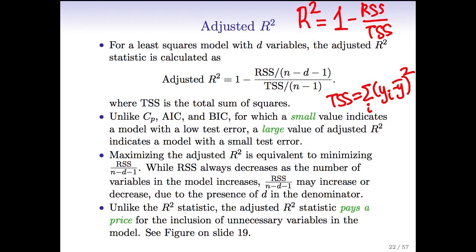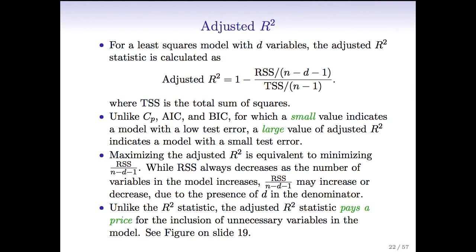Basically, when d is large, this denominator is really large, so you're dividing the RSS by a really big number, and you're going to end up with a smaller R squared. So we pay a price for having a large model in the adjusted R squared, unlike the classical R squared, where we pay no price for having a large model with a lot of features.